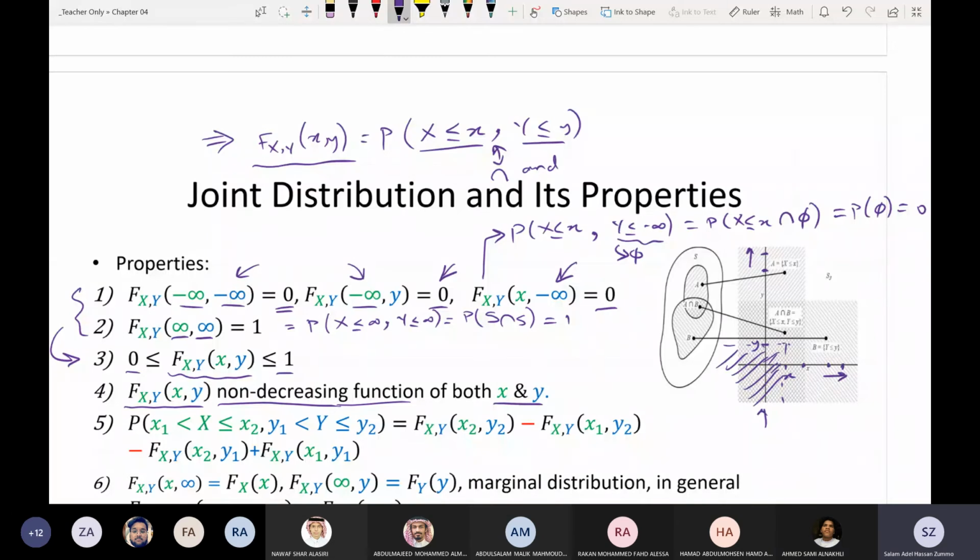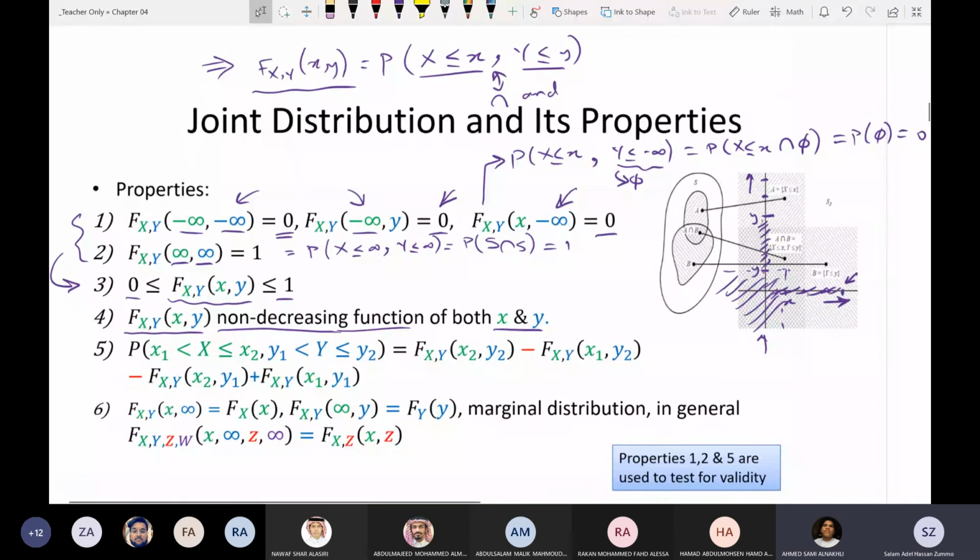Now, if I look at another x which is larger, and y which is larger, increasing x will only include more events, so the probability either increases or stays the same. Similarly, increasing y will include more events, so either the probability stays the same or increases. It cannot decrease. Is it clear? Yes, clear, Doctor. Okay.